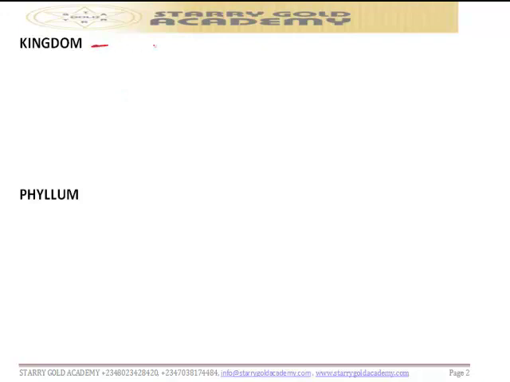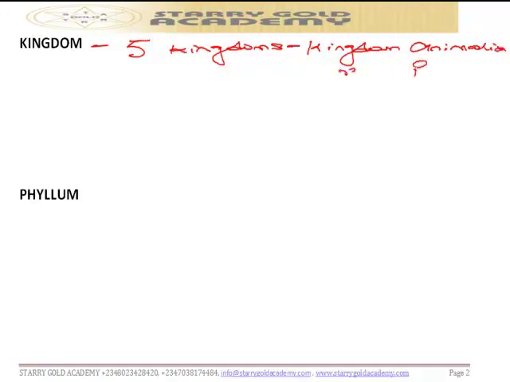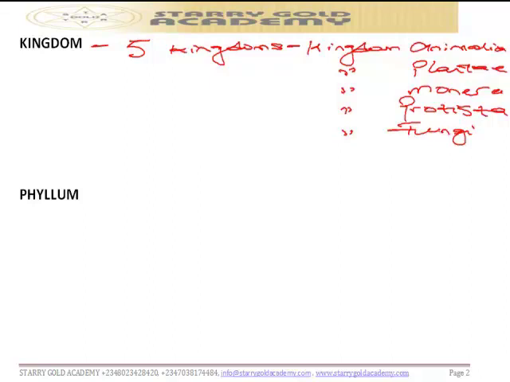We actually have 5 kingdoms, and they are Kingdom Animalia, Kingdom Plantae, Kingdom Monera, Kingdom Protista, and Kingdom Fungi, right?